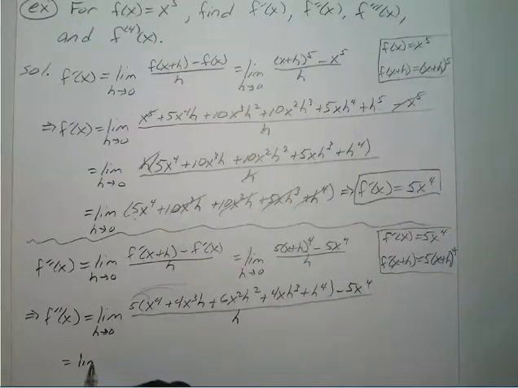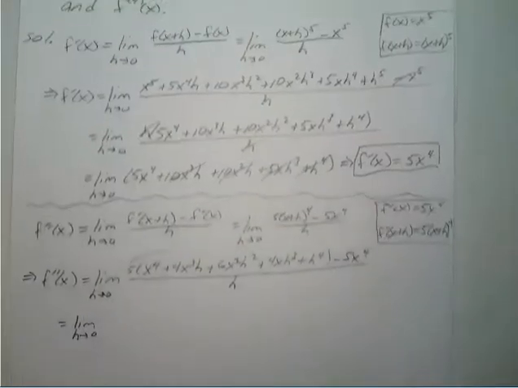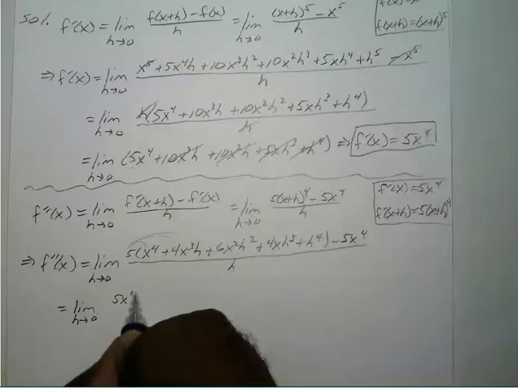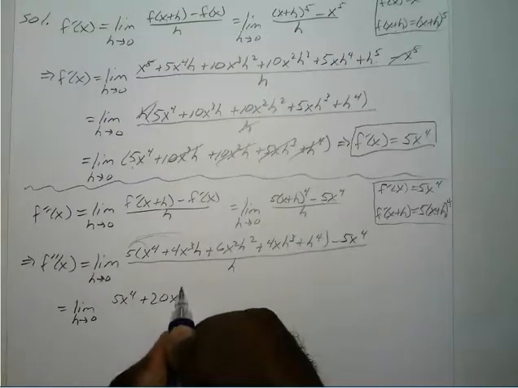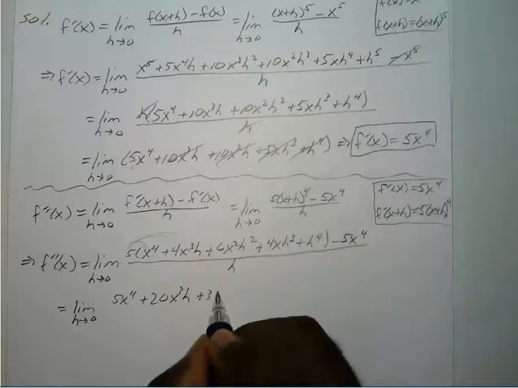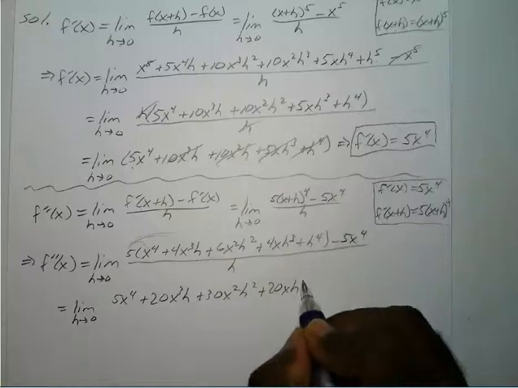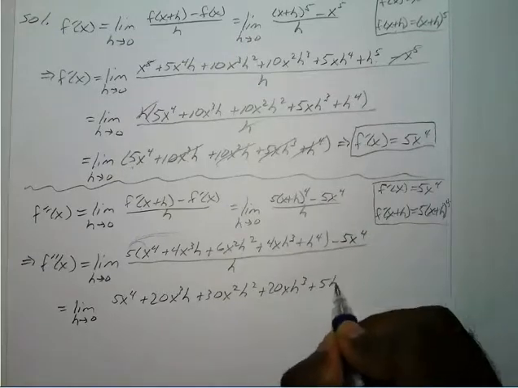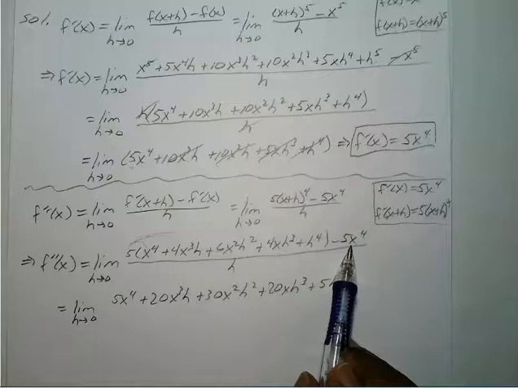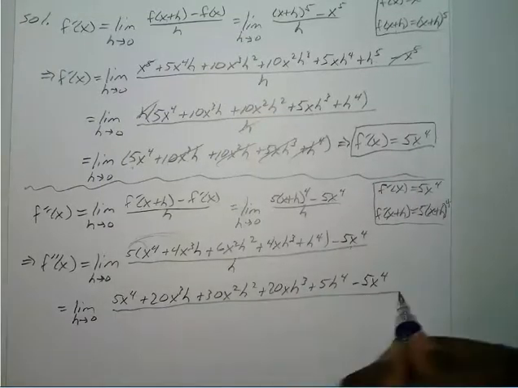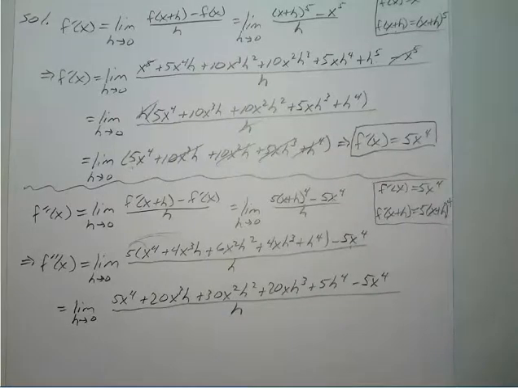So that's going to equal the limit as h approaches 0 of 5x to the fourth plus 20x to the third h plus 30x squared h squared plus 20xh to the third plus 5h to the fourth, minus 5x to the fourth, all over h. Just like above, you can see here that those two will cancel each other out.